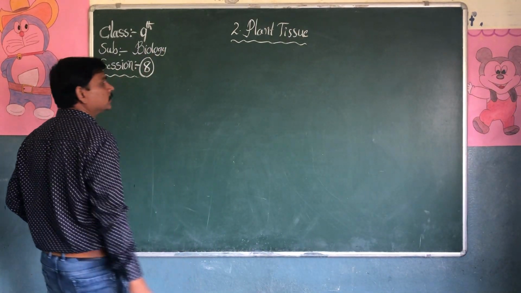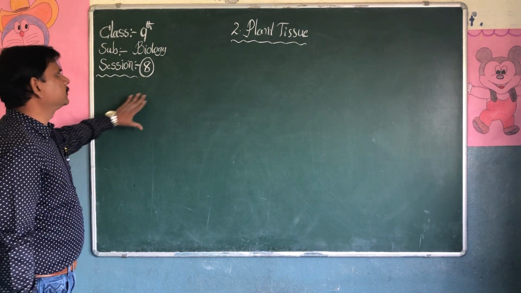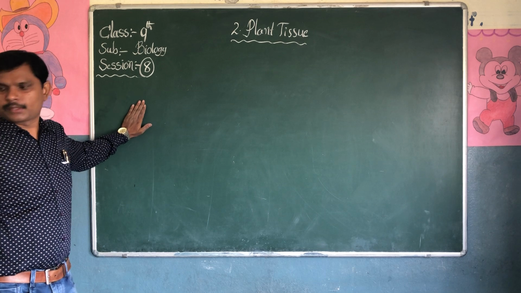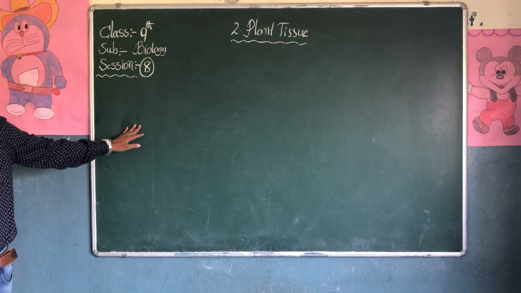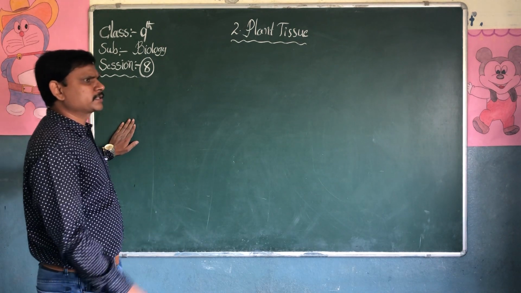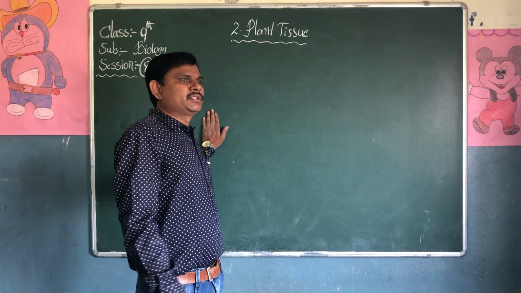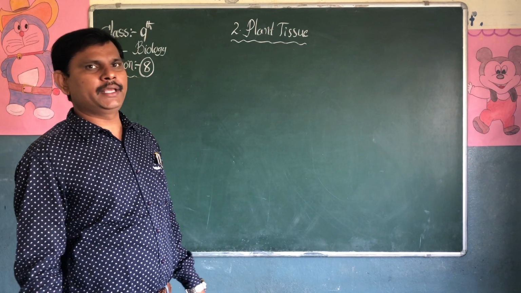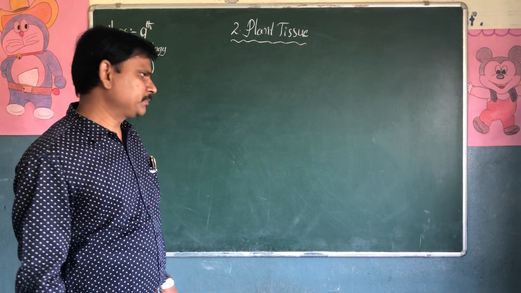Hi students, in last class we discussed different types of tissues. Last class we discussed two types of tissue: meristematic tissue and dermal tissue.